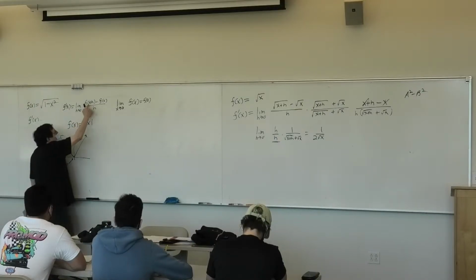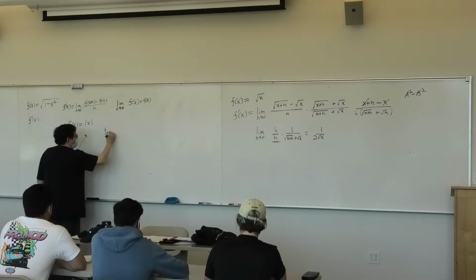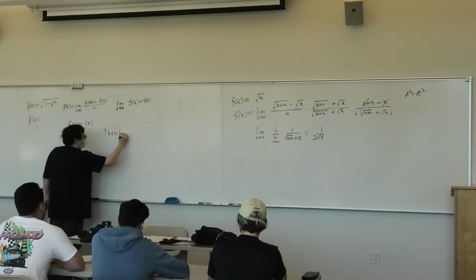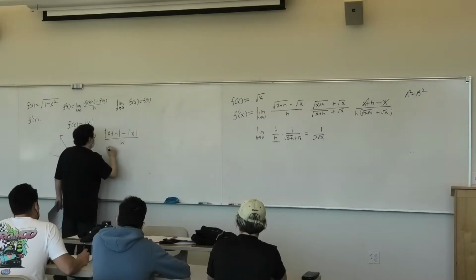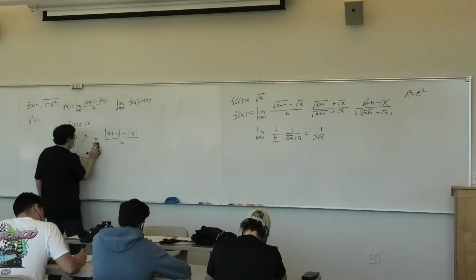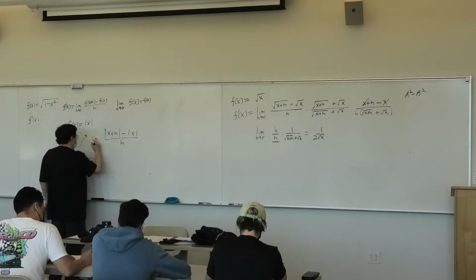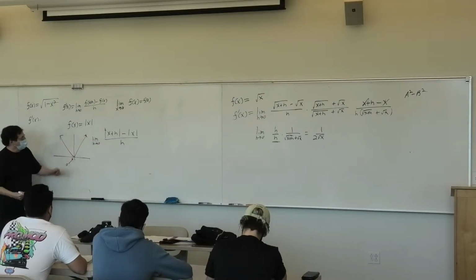If I take this limit, f of x plus h minus f of x over h, and I want to know the limit as h approaches 0, what happens? Well, this is just the slope of the line.